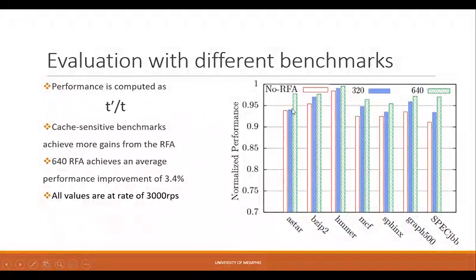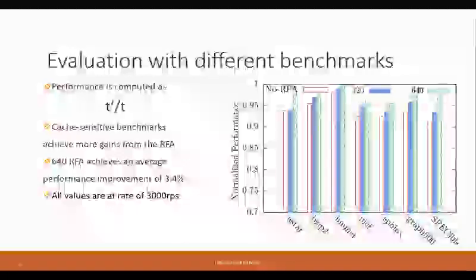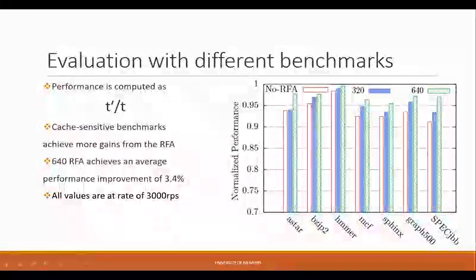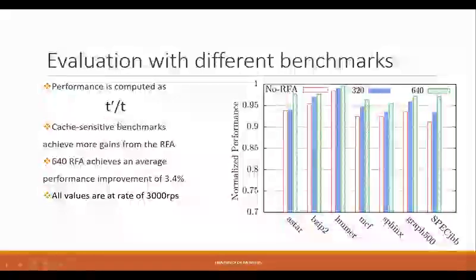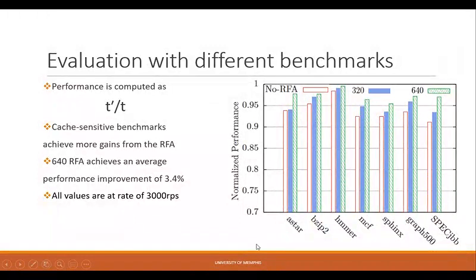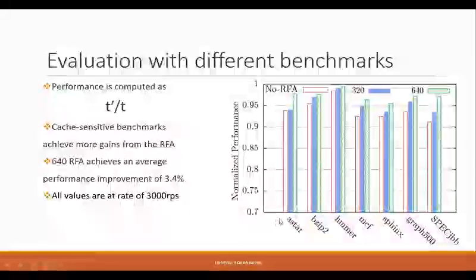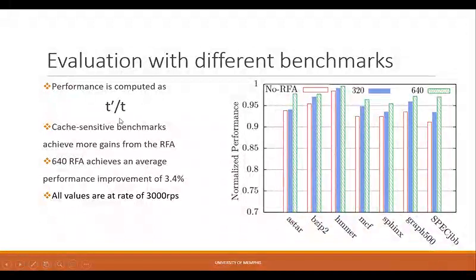Here, the longer the bar, the better, because we are calculating the normalized performance, which means it's calculated by T dash over T, where T dash is the running time of the workbench, while T is only the running time in the ideal case, as there is no request rate at all.